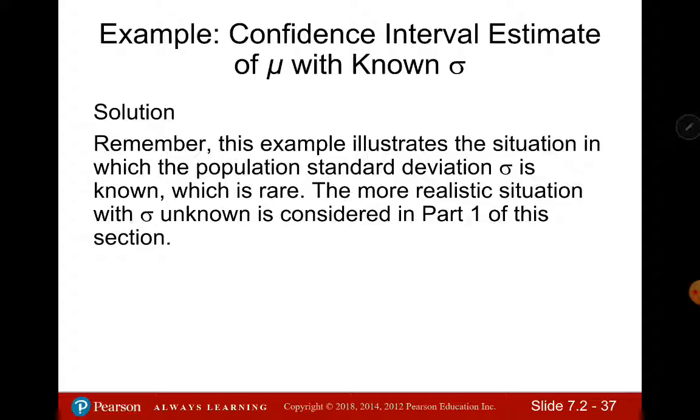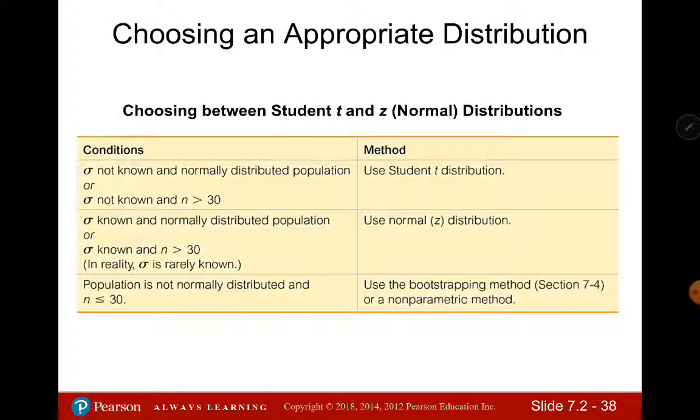So let's say a more realistic situation is when sigma is unknown. So we will focus on how to check the critical value T when we do the estimating of mu. Most of the case, sigma is unknown. So if sigma is unknown, we use T distribution.